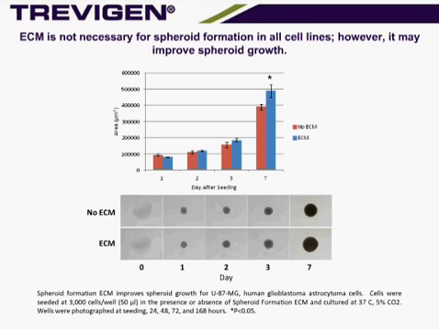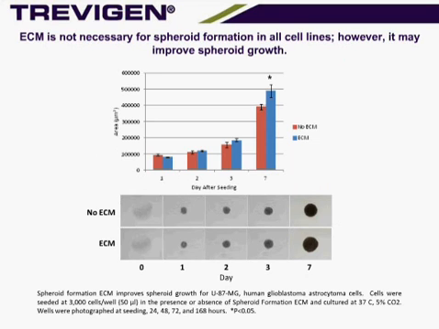All right, this next slide, we're looking at a cell line that does not require extracellular matrix for spheroid formations. They spontaneously form spheroids. These are U87MG cells. As we can see in the pictures below the graphs, they do not need the ECM to form spheroids.